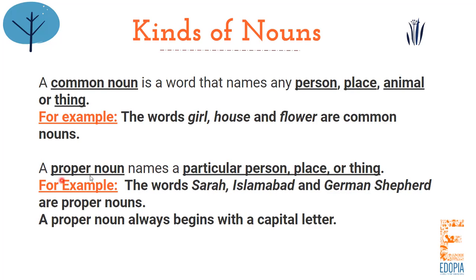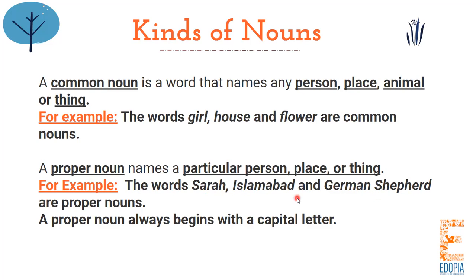Secondly, a proper noun. A proper noun names a particular person, place, animal, or thing. So for example, the words like Sarah. Sarah is the name of a particular girl. Islamabad. Islamabad is the name of a particular city. And German Shepherd. German Shepherd is a particular kind of dog.